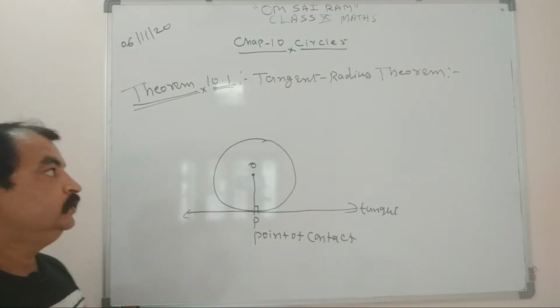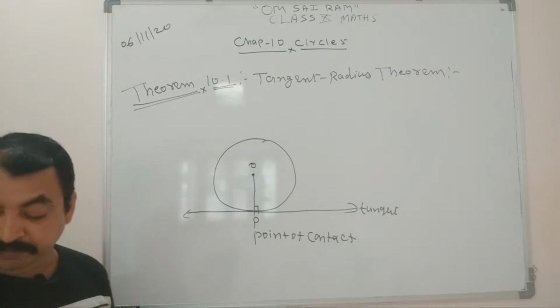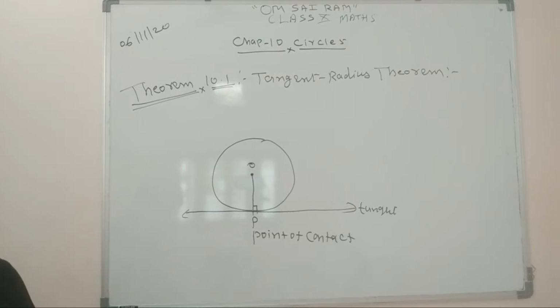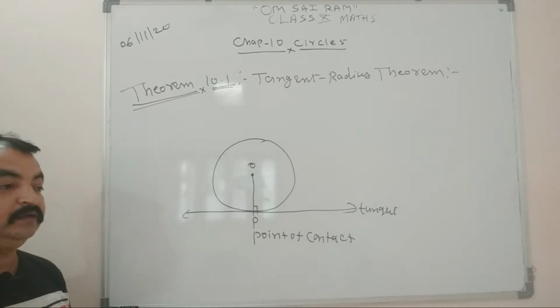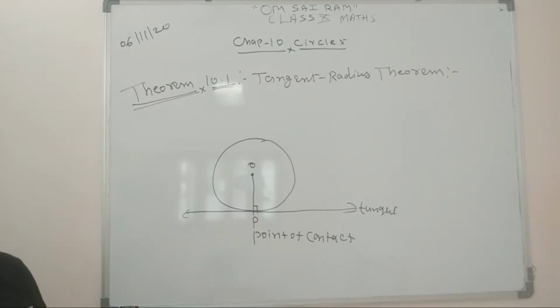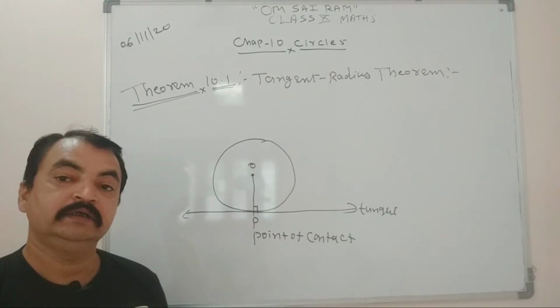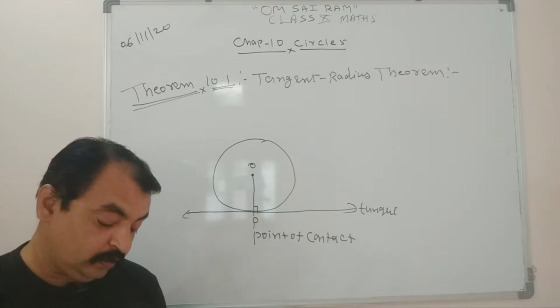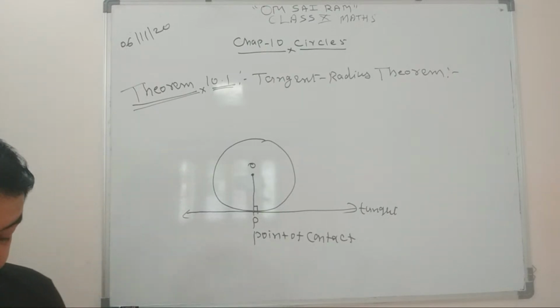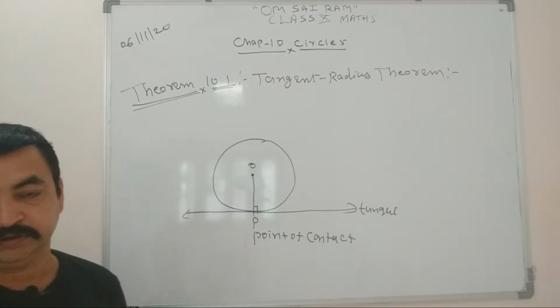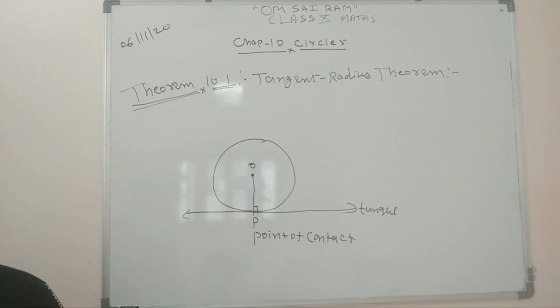Okay, children. So now first we write the statement. If you can see the statement, it is on page number 208. The statement I'll read for you, it is given also. The tangent at any point of a circle, children. What is the statement? The tangent at any point of a circle is perpendicular to the radius through the point of contact, children. Right? So first I will write the statement.